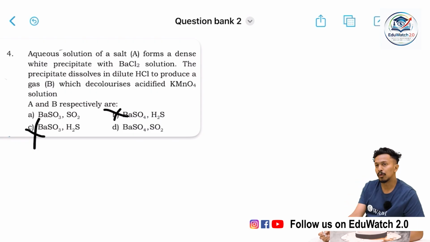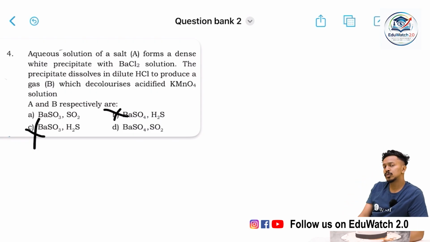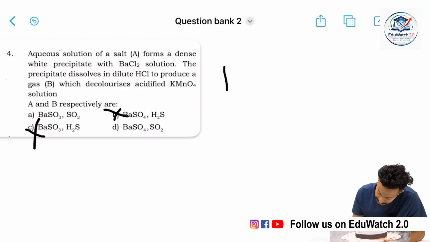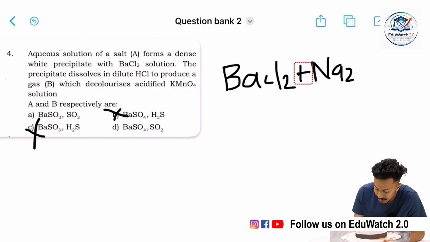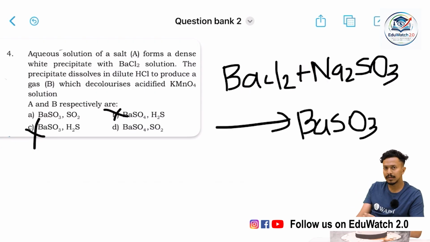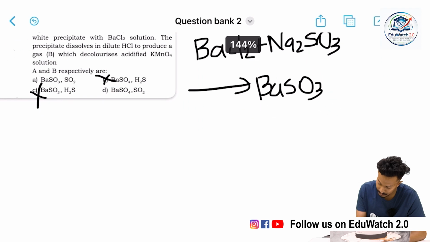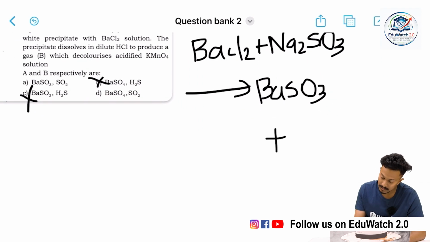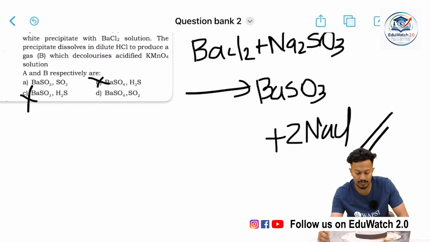The only thing that might be formed is through sodium sulfite: BaCl2 along with Na2SO3 gives BaSO3. This is the balanced chemical equation, plus 2NaCl. This is the chemical reaction.